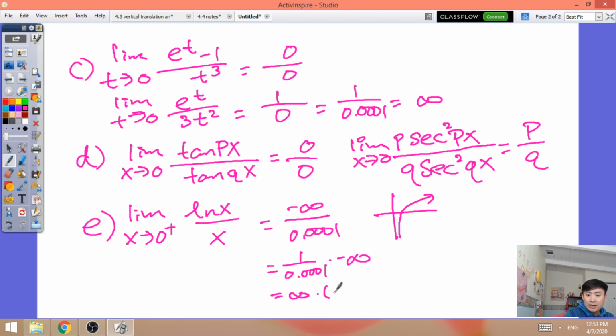So we do have infinity times negative infinity. Now keep that in mind, infinity times negative infinity is not an indeterminate form. So eventually this one is going to be considered negative infinity, because positive infinity times negative infinity, positive times negative, is negative. So infinity times infinity is just another bigger infinity. So eventually the final limit is going to be negative infinity for E.